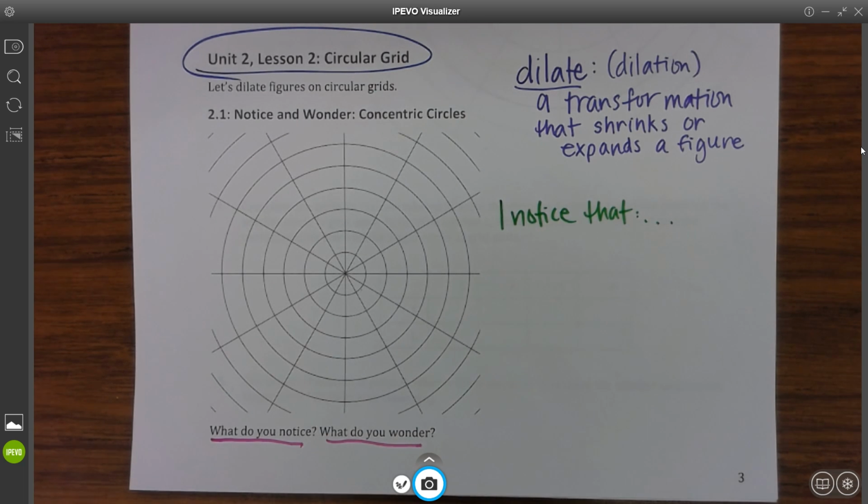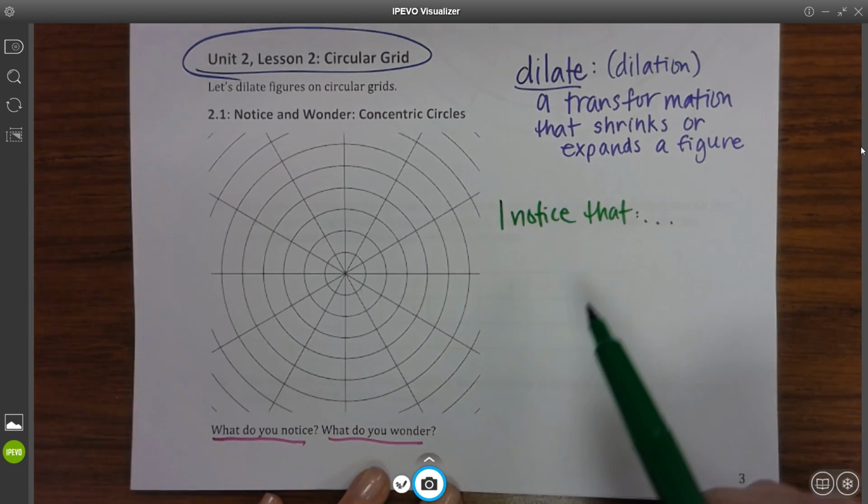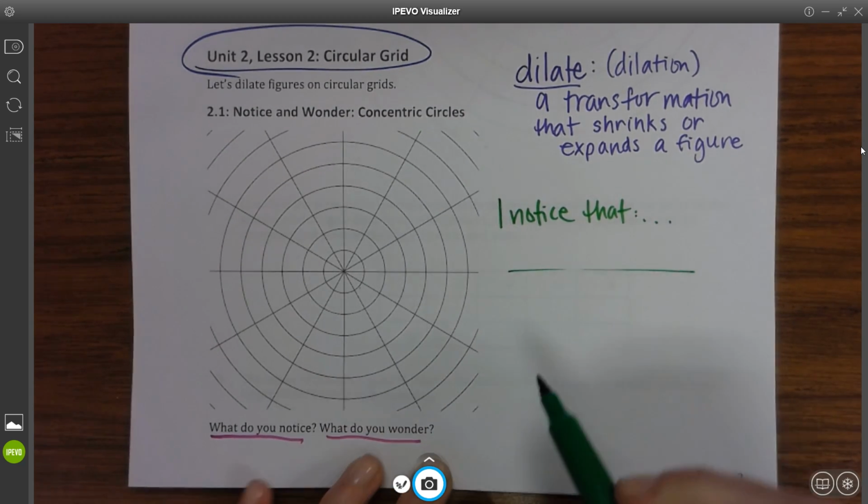You might have noticed that there are diagonal lines coming from what looks like a center. You might have noticed that the circles have a center. Maybe you notice that it looks like it's broken up into some triangular type shapes. Some of you may have noticed that it looks like there are rings. Okay, so you have to write something that you notice.